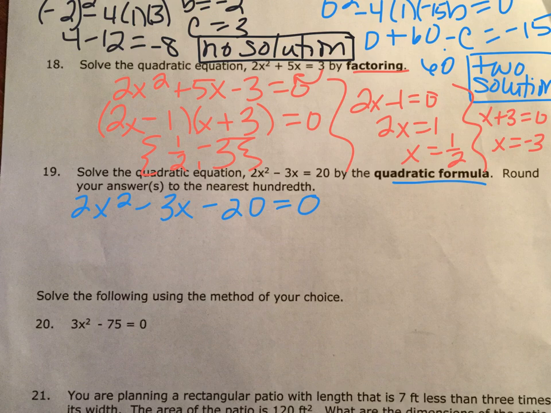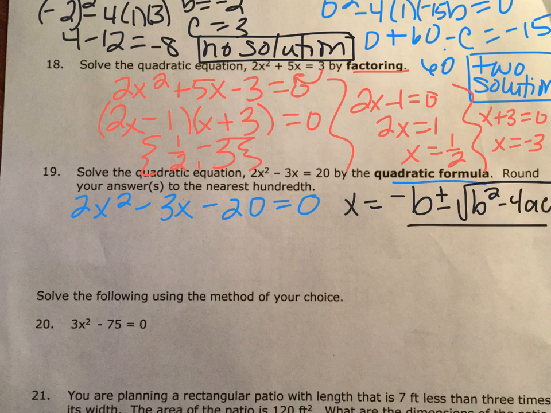Okay, the quadratic formula, let me write this over here in a different color, is x equals opposite b plus or minus the square root of the discriminant, b squared minus 4ac, and then the whole thing over 2a. So again, the first thing I'm going to do is find a, b, and c.